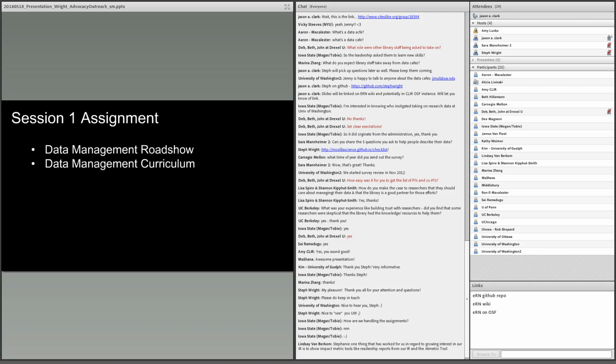Rather than just an informative introduction to what data management is and how the library fits into that role, this would be more about addressing, as in the example we put on the syllabus, a freshman or undergraduate class and introducing a curriculum to them.